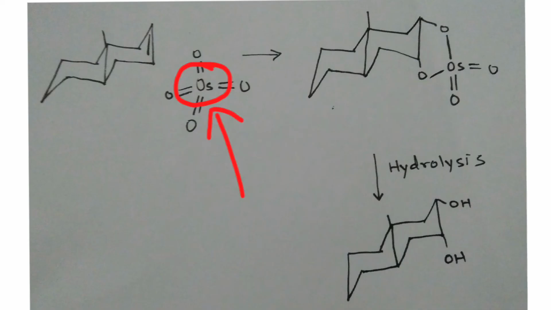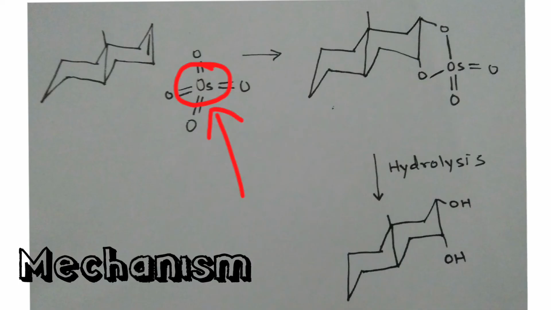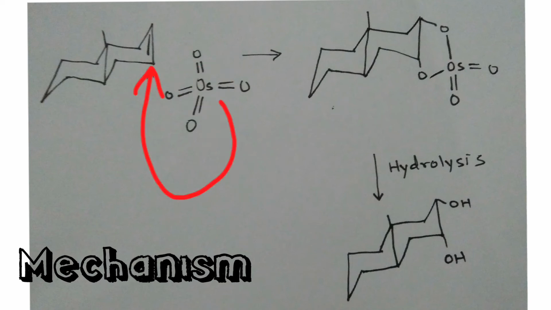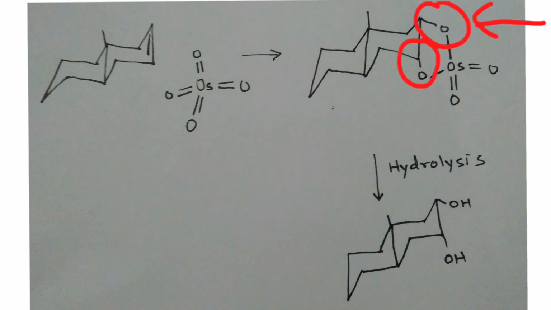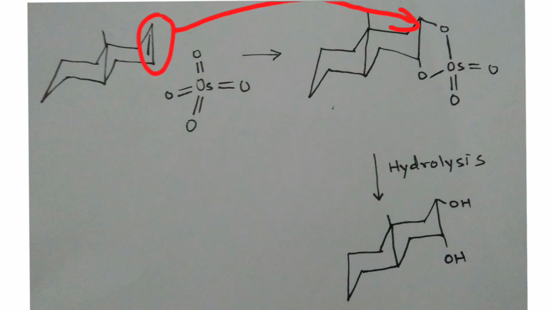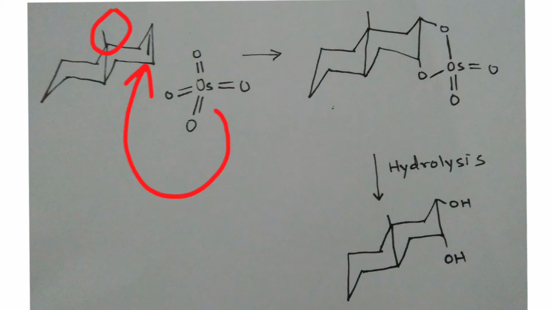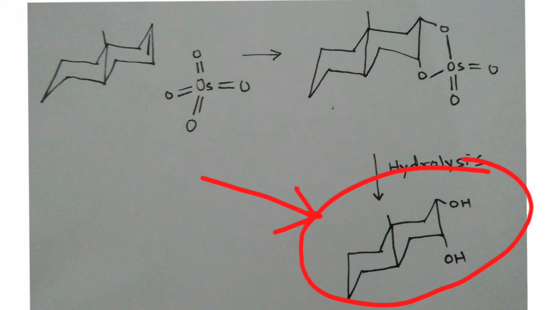Since osmium tetroxide is a big molecule, it will always attack from the opposite stereochemistry of this methyl group. So the syn addition of osmium tetroxide to the double bond from the face opposite to the bridgehead methyl group will furnish a cis 1,2-diol.